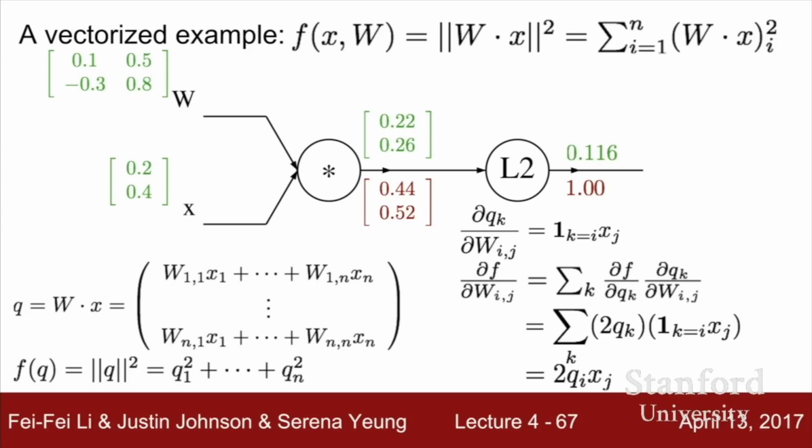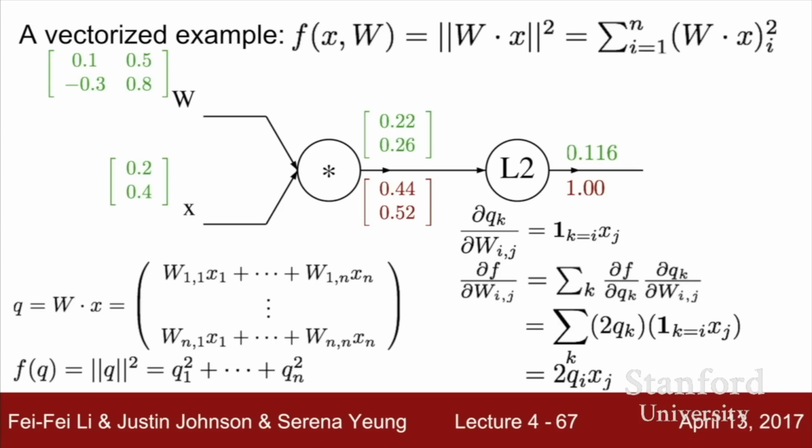Then if we want to find the gradient of f with respect to each wij, looking at these derivatives, we can use the chain rule that we talked about earlier, where we basically compound df over dqk for each element of q with dqk over dwij for each element of wij.